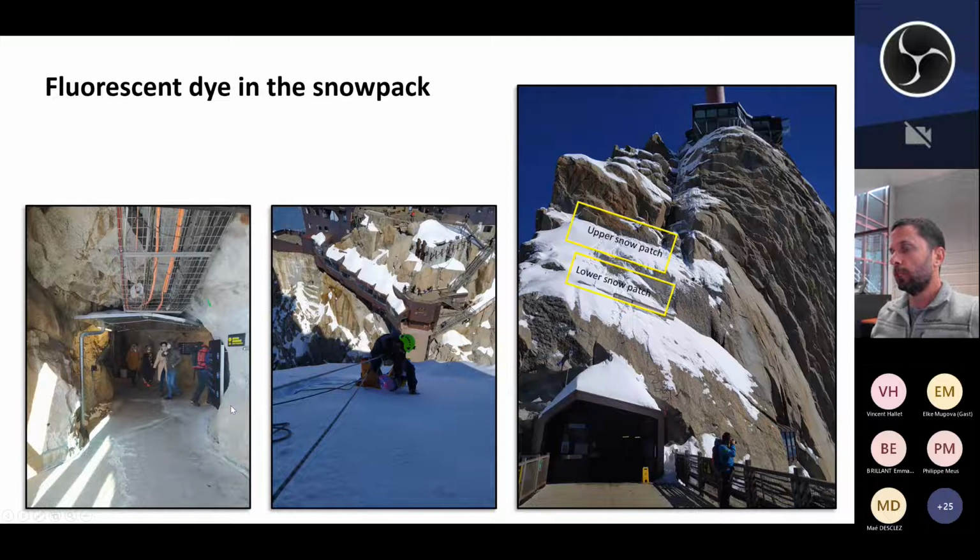So what we did, we inserted some fluorescent dye in the snowpack that is located exactly above this water collecting system. You can see on the right picture, there's an upper snow patch and a lower snow patch, and we placed two different dye tracers, one in each snowpack.